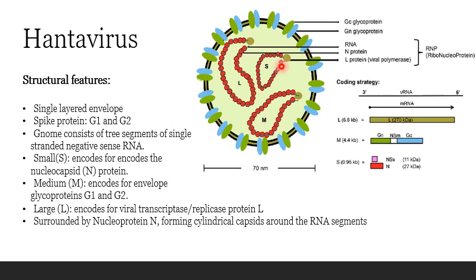This virus doesn't have that. It has a protective shell around every segment of its negative sense RNA. Then the medium segment encodes for the envelope spike proteins, so for G1 and G2. And then the large segment encodes for the viral transcriptase and replicase, protein L.